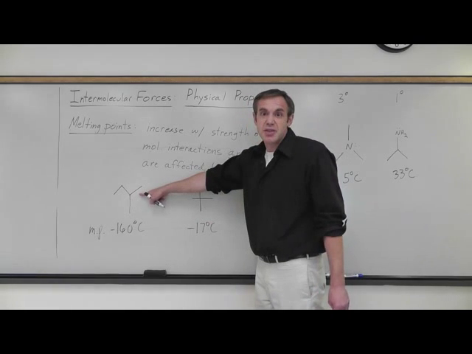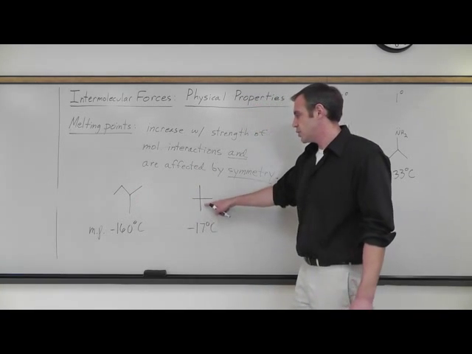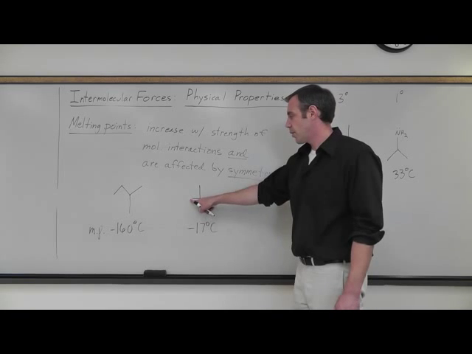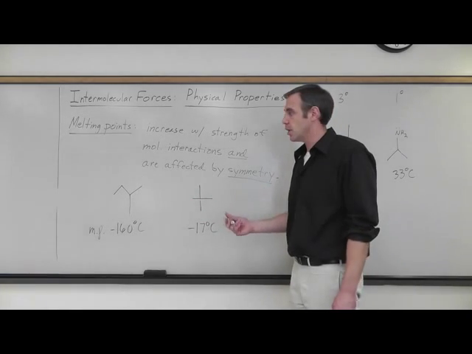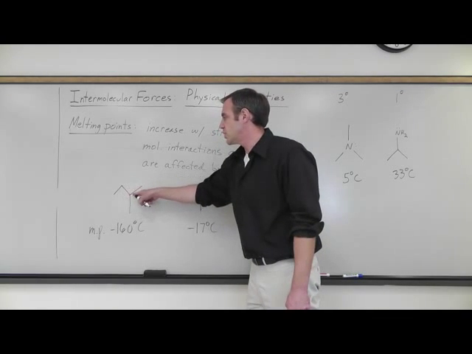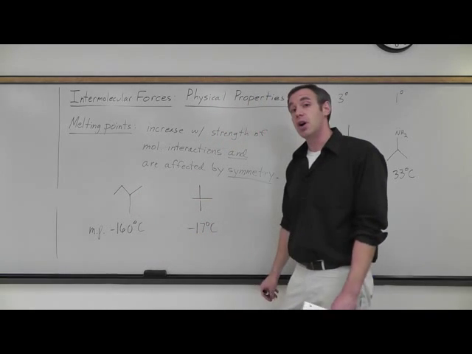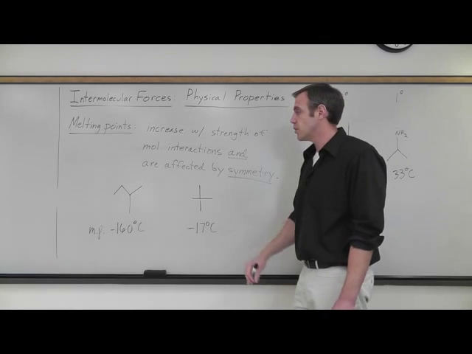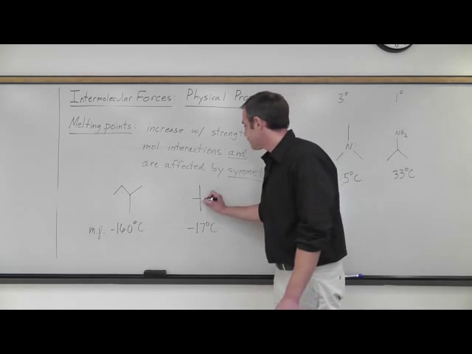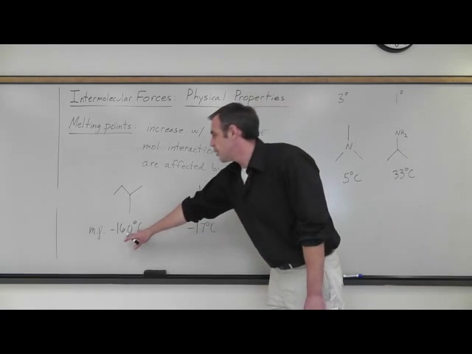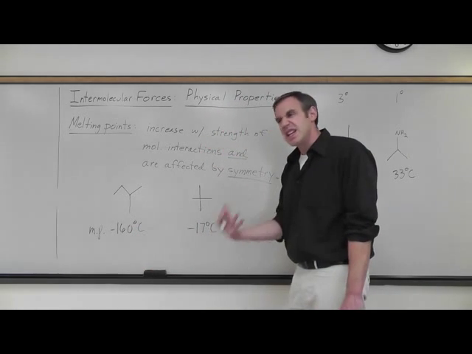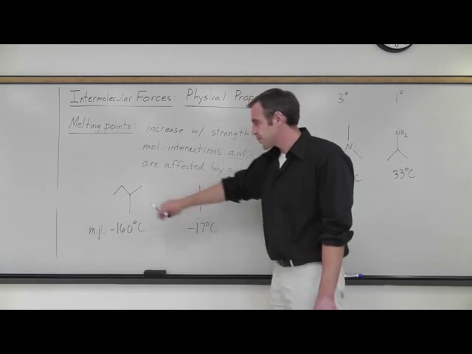Here we've got a branched alkane with two branches, so it's a 3-carbon chain with 2 branches coming off that center carbon. Here is a 4-carbon chain with just 1 branch coming off one of the internal carbons. The effect on melting point is huge. This is a very, very low melting point, so it's very easy to melt this solid.